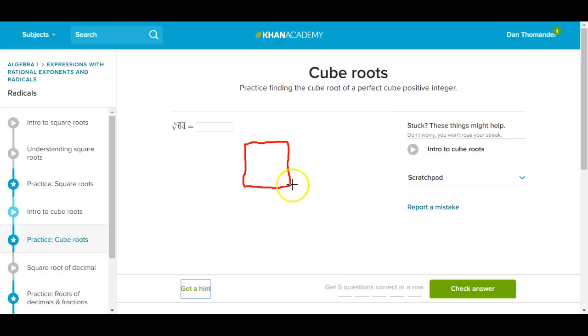So now what I want to think about is what happens if I go back 5 units this direction and turn this from a square into a cube. So now I have a cube that is not only 5 by 5, but now it's 5 deep, 5 wide, 5 tall, right? So that'd be 25 square units here, and then there'd be 5 sets of them.